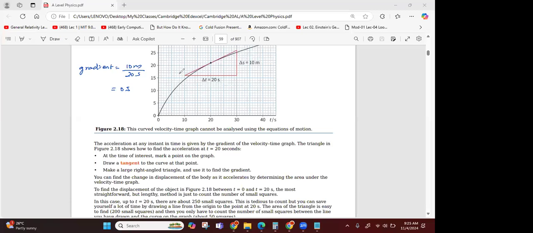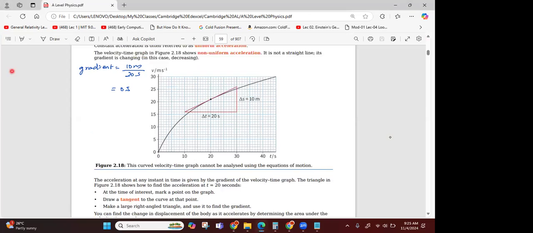So here this 0.5, sorry, I think this should be wrong. Yeah, there is a mistake here. They are talking about a velocity graph, so this one has to be delta V, which equals 10 meters per second.